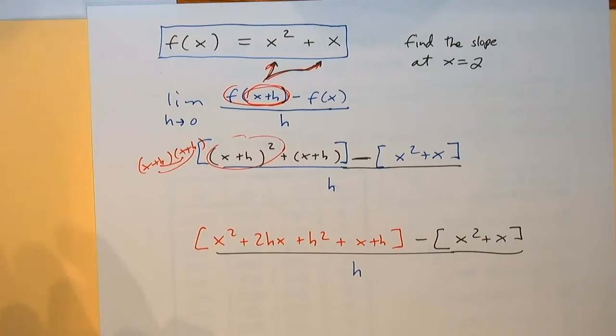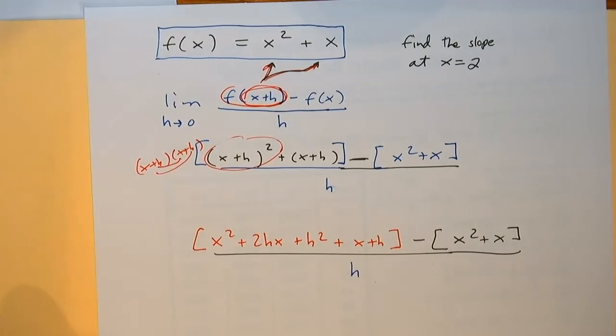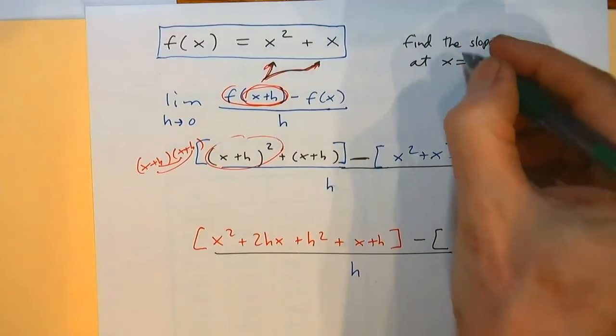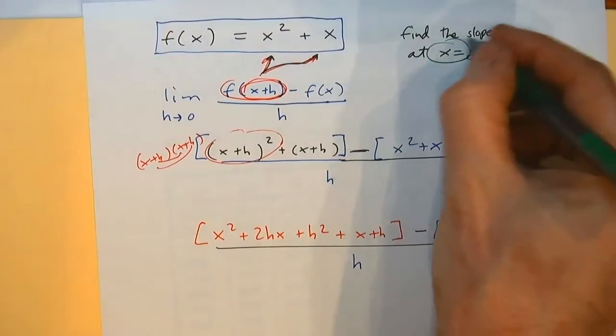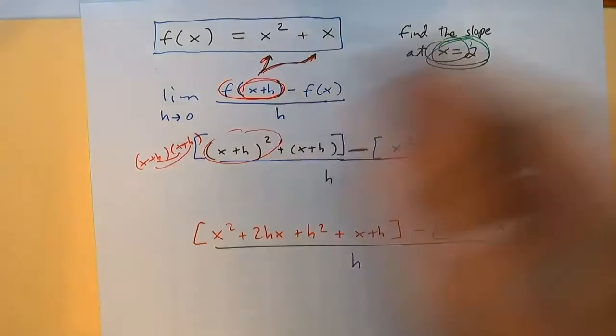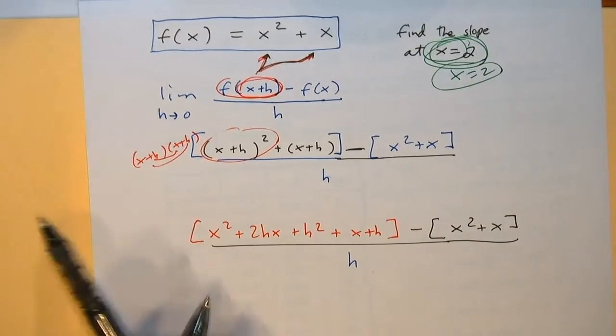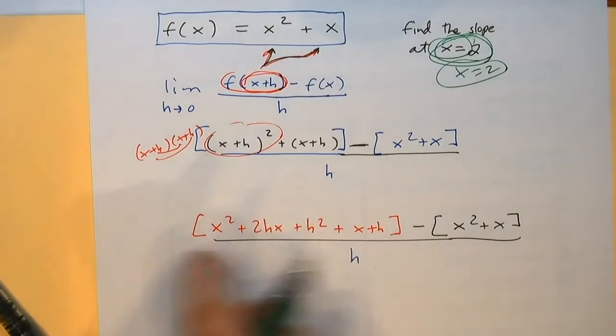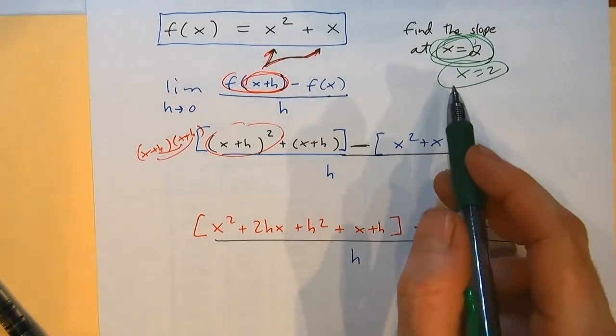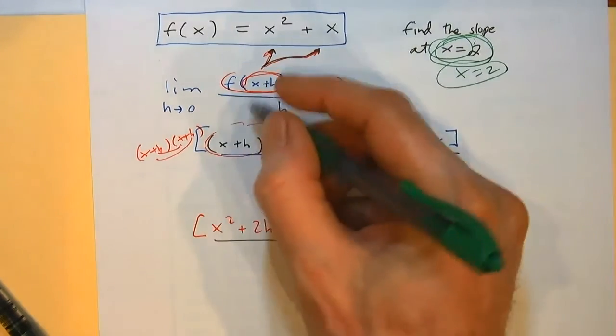At any point, and I could have done this earlier, didn't I say x is 2? Why don't we change these into 2's? I could have done it right at the beginning.